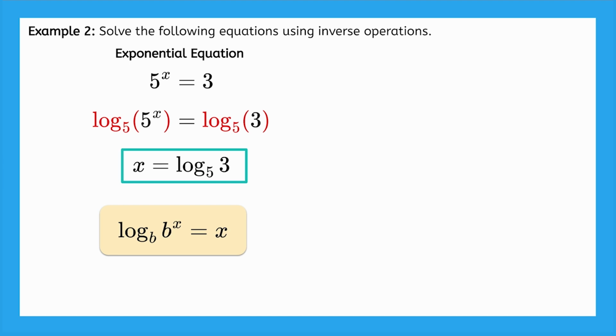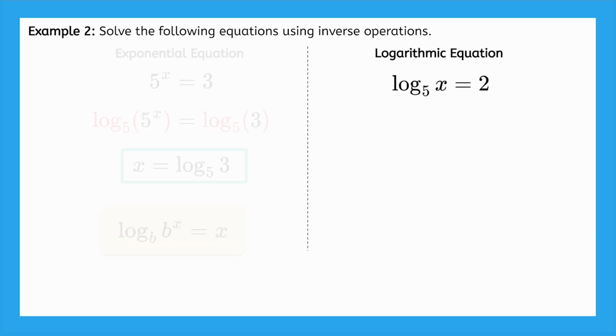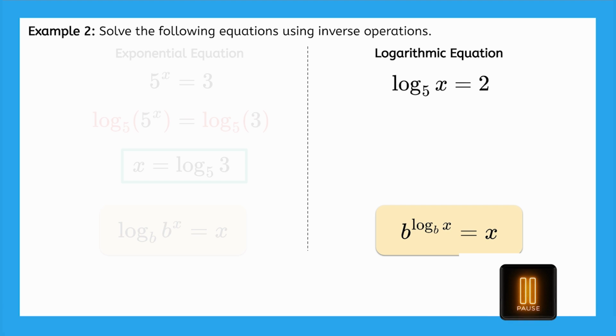Now, what about undoing a log with exponentiation? Let's try it out with the equation log base 5 of x equals 2. Remember that the second property showed us how to undo a logarithm with exponentiation. Pause the video and try to apply this property to solve this equation.